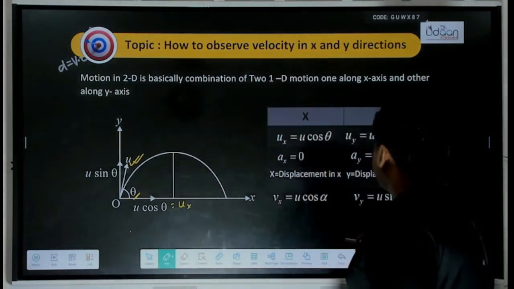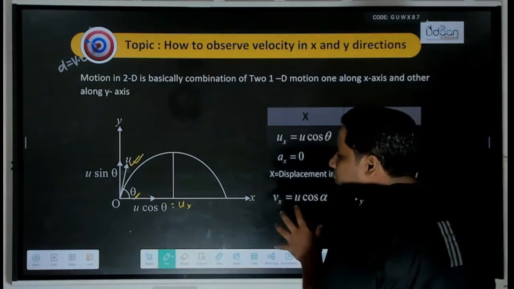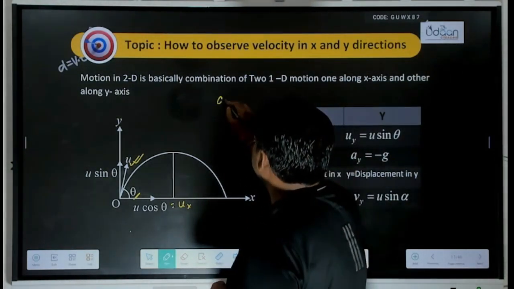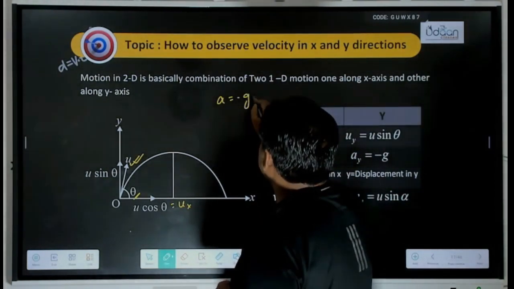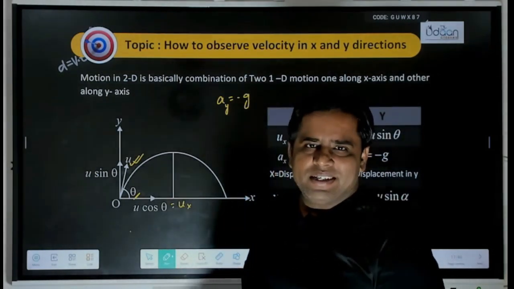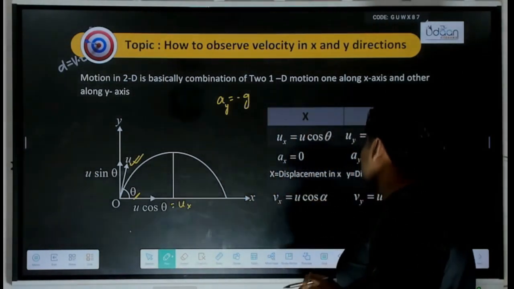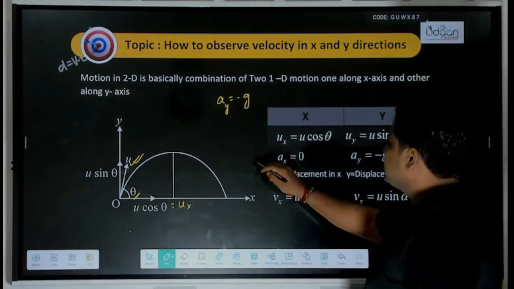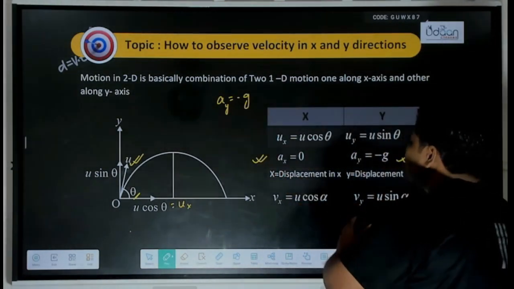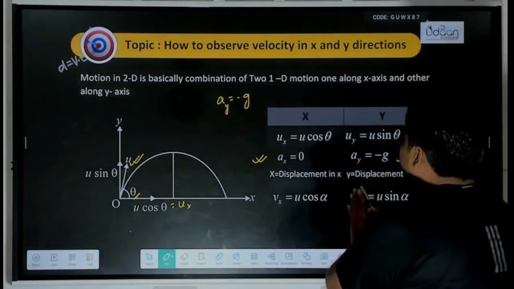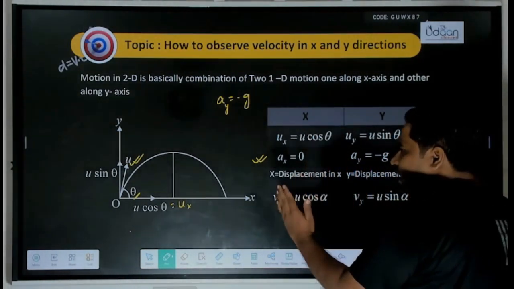So projectile motion happens under the influence of acceleration due to gravity, and acceleration due to gravity acts on the y-axis. Yes, students. So this is the y-axis part and this is the x-axis part. You just bifurcate all the physical quantities of both the axes separately.